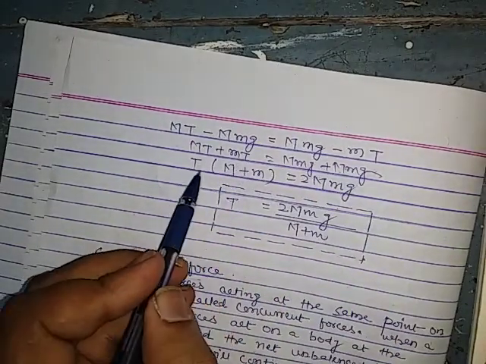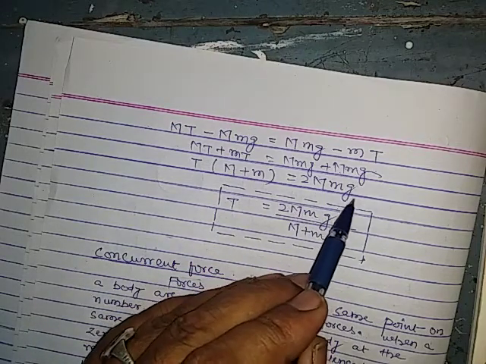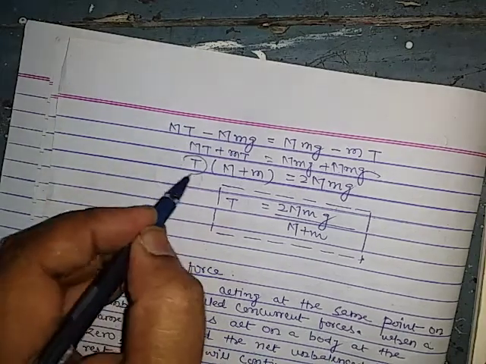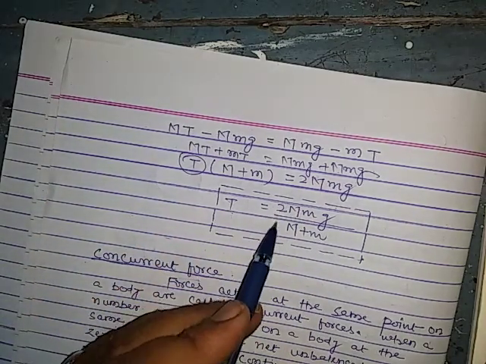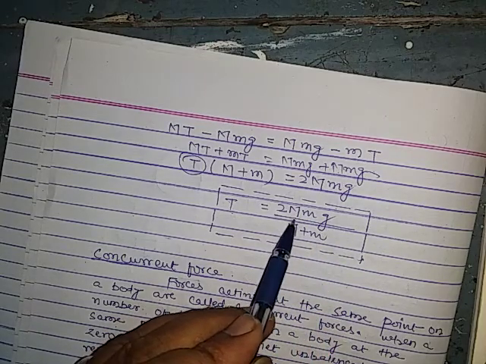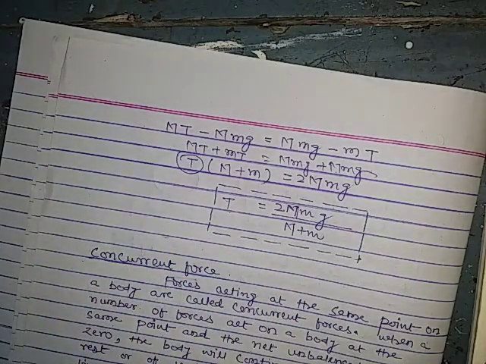As T is common, M plus m times T is equal to 2Mmg, so the common tension is T equal to 2Mmg by M plus m, where capital M represents the bigger mass, small m represents the smaller mass, and g represents the acceleration due to gravity.